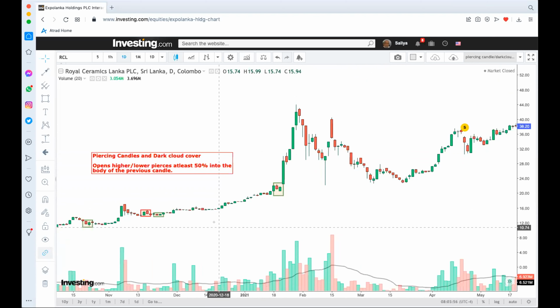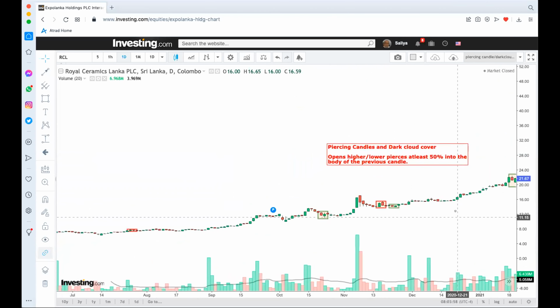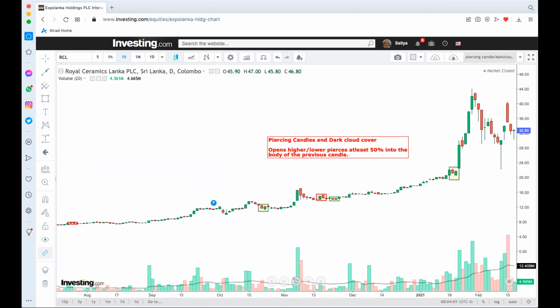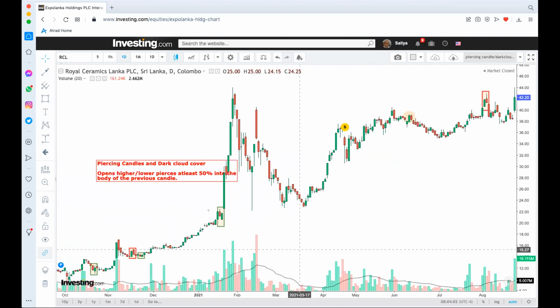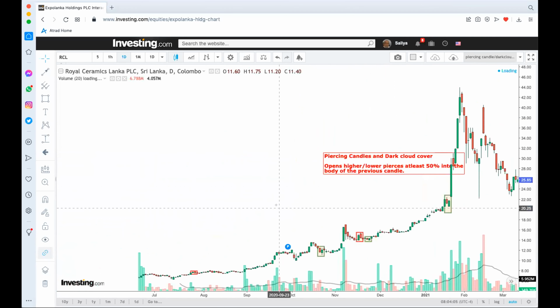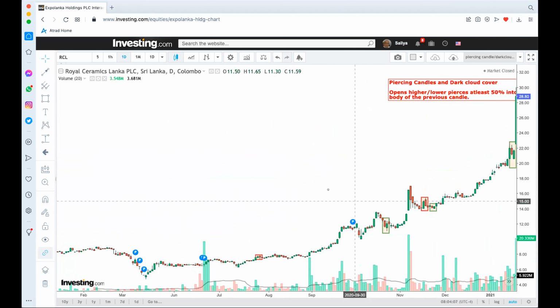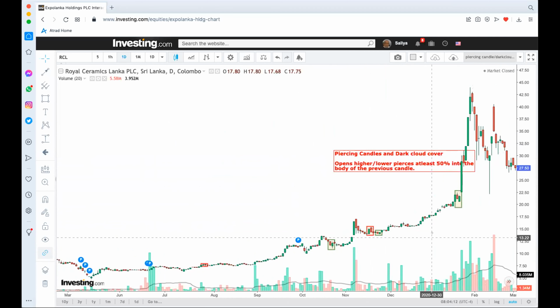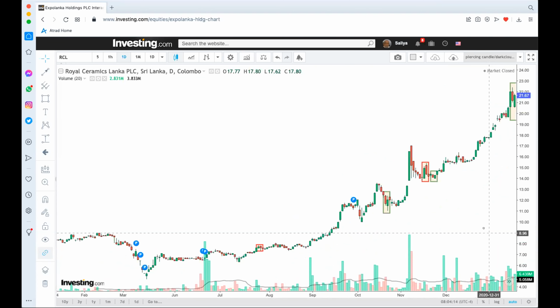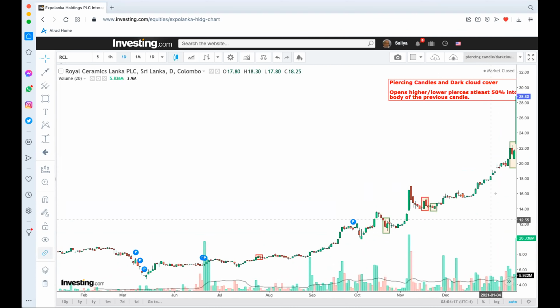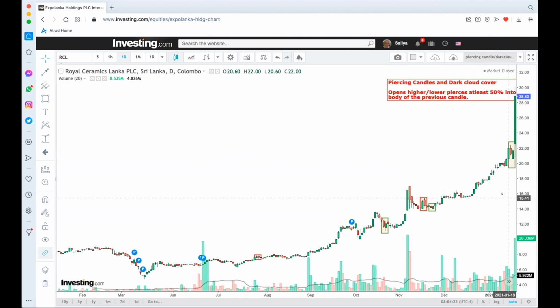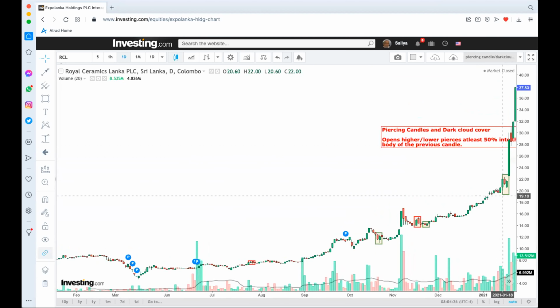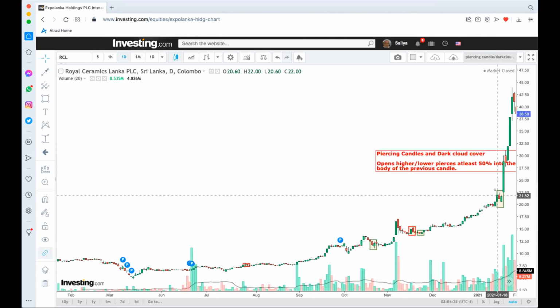But if you just go like this, showing this area, at this point this is the top of the range, right? So that's why this is important.